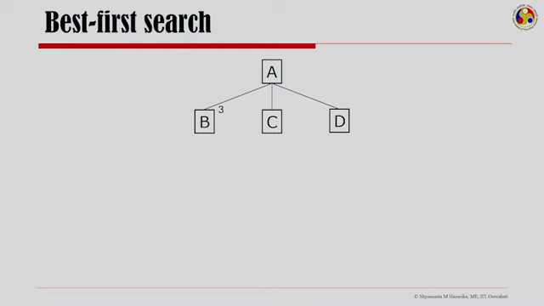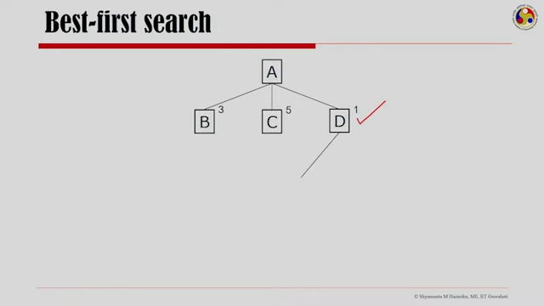So let's say B has a value of 3, C has a value of 5 and D has a value of 1. The next thing that we would love to do, if these values reflect somehow the distance to the goal, is expand node D, for it has the minimum distance to the goal.